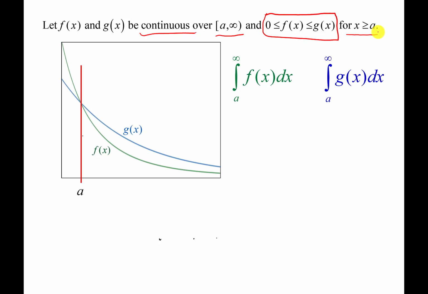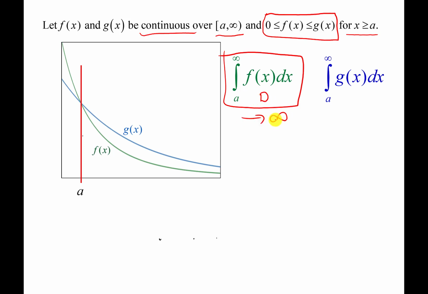Now we're going to look at their integrals. If we were wanting to integrate from a to infinity, and we first look at f of x, we see when we compute this, it's something we could work, and we see that it diverges. I'm just going to put a D for diverges. It approaches infinity.